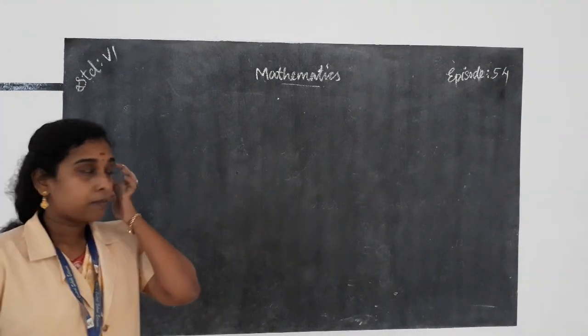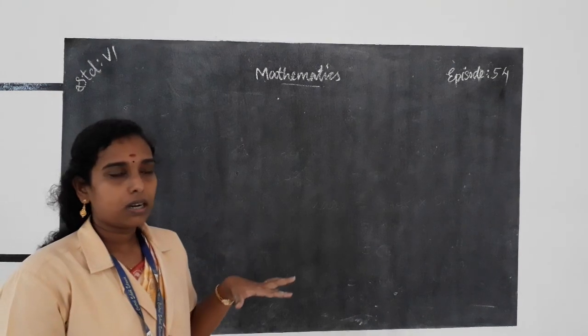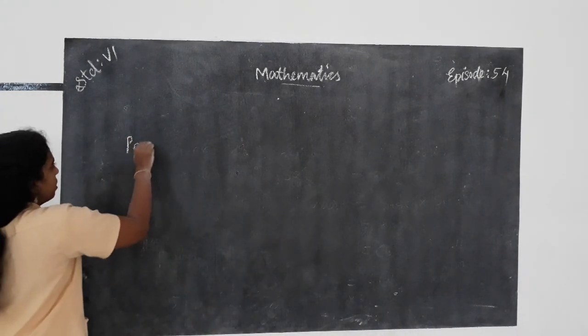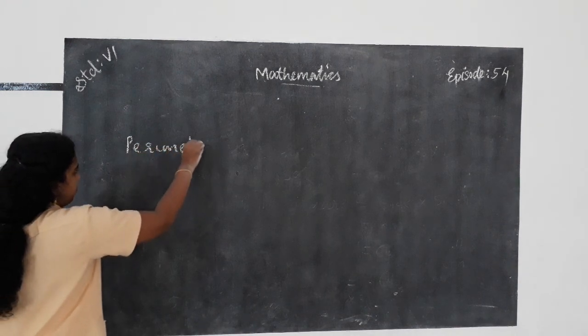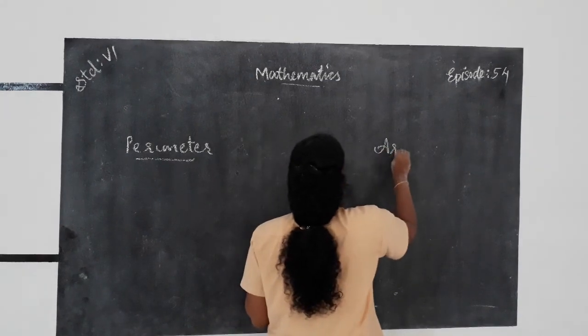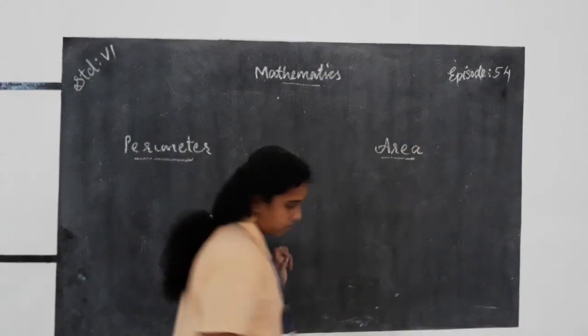So today we discussed how to find the perimeter of regular shapes and how to find the area.